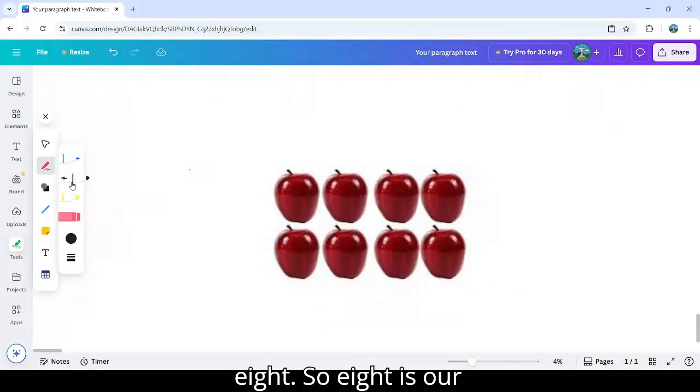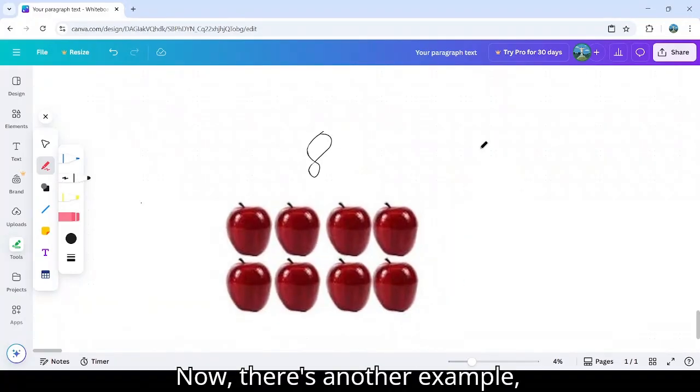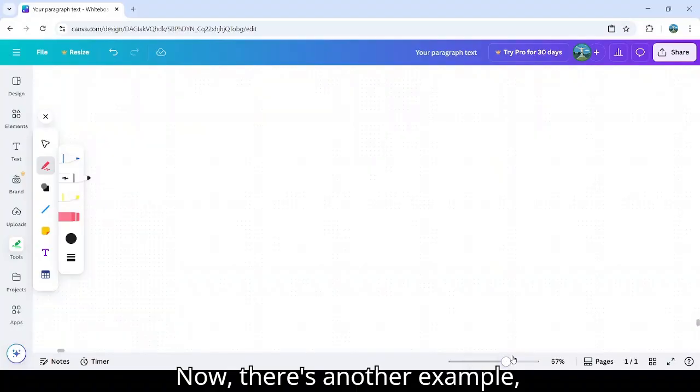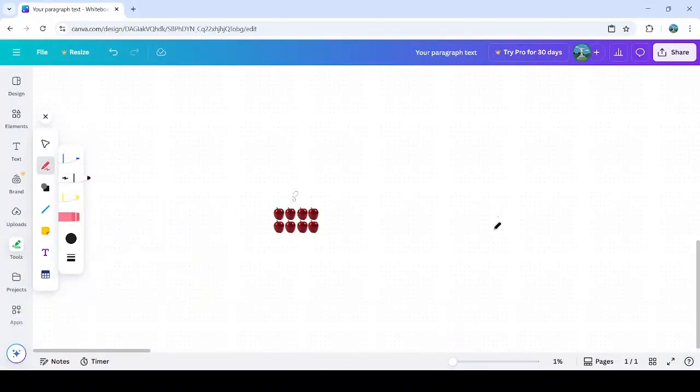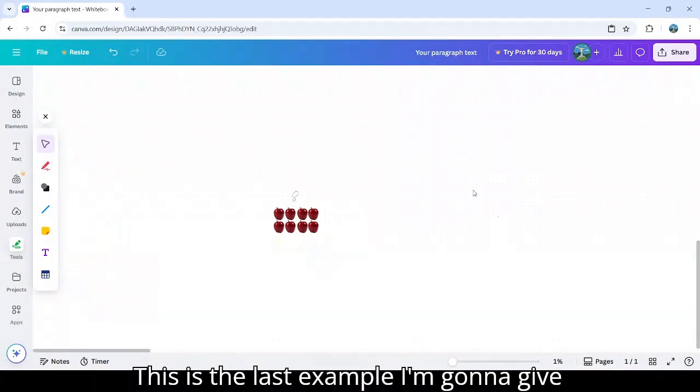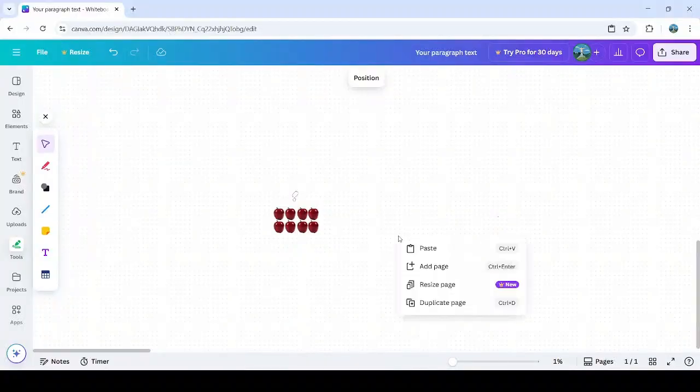So 8 is our answer. Now, there's another example, the last example I'll be giving you guys for today.